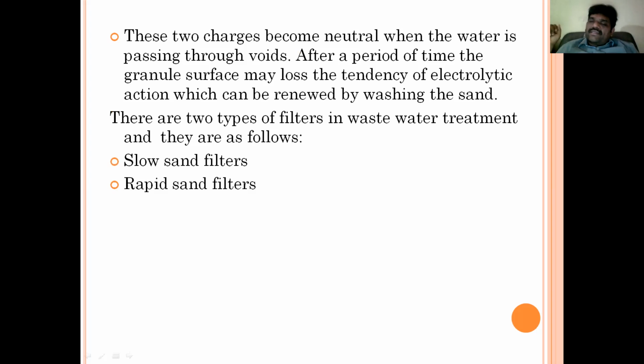In sedimentation with coagulation, we removed all fine colloidal particles. In this step, we are trying to remove the bacteria, algae, and any other impurities which may cause bad odor, and of course, some other unwanted impurities.